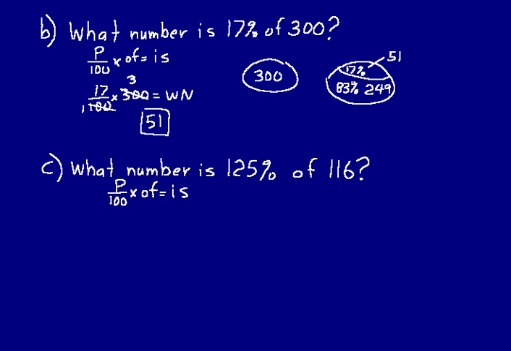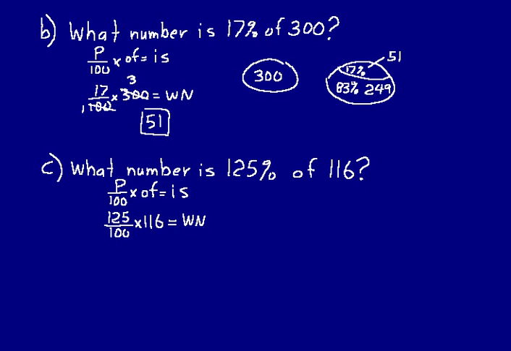They gave us percent, so even though it's greater than 100, we just write it 125 over 100. 125% of 116, so that would be times 116 is, that's our equal sign, what number? We don't know what number we're trying to find yet. 125% of 116 is what number?